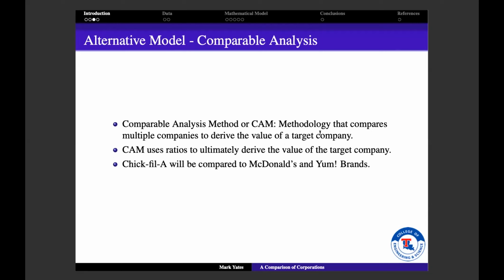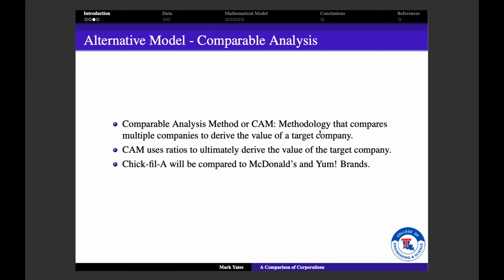The comparable analysis allows you to compare multiple companies, and through that comparison, you use ratios and relationships to ultimately derive the value of the company that you're looking for. I am going to be comparing Chick-fil-A to McDonald's and Yum Brands.